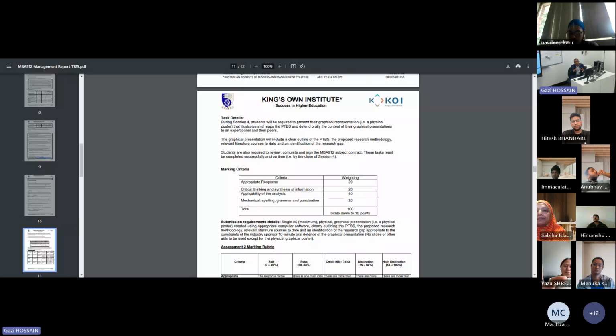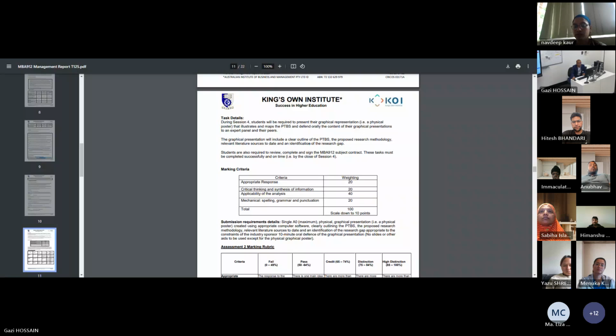Otherwise, in your research, you can't cover all 10 areas of marketing strategy. Simply, it is impossible. Therefore, we need to specify the marketing strategy, for example, to penetrate a new market by retailers in Australia, something like that. You need to specify this. So Hitesh, you got my point, I think.